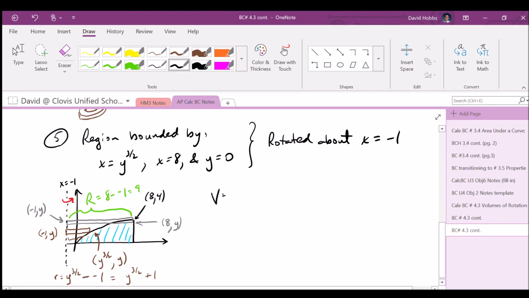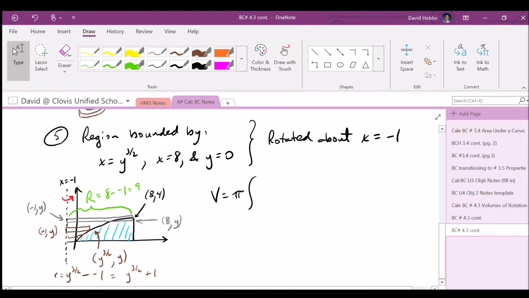Our volume is pi times the integral. Now my rectangles are horizontal, so they start at the lowest elevation, elevation 0, and they go to the highest elevation in the region, which is 4.